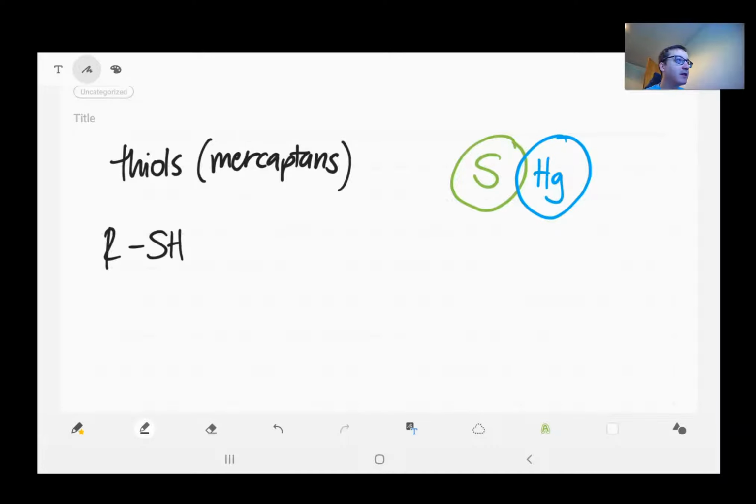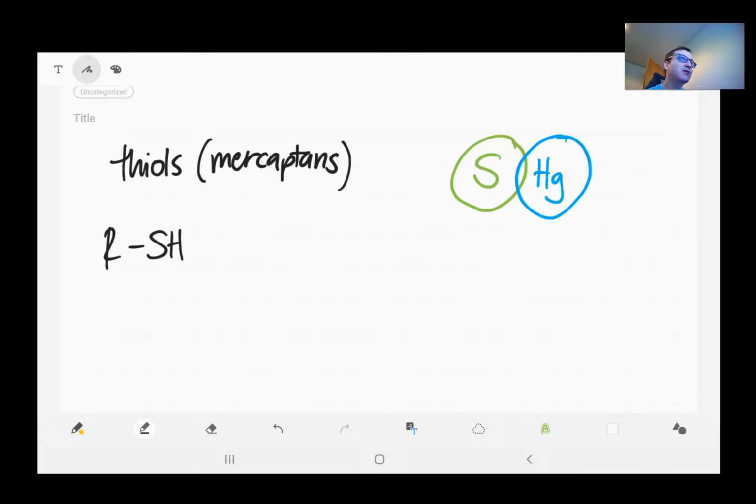The word for that comes from two bits, mercury capture. Because sulfur and mercury have very high affinity for each other, you'll see that sulfur compounds are used to treat mercury poisoning as a result. If you ever take inorganic chemistry, if you're a chem major, which is doubtful because so many of you are in bio, you'll see more about this relationship later on.